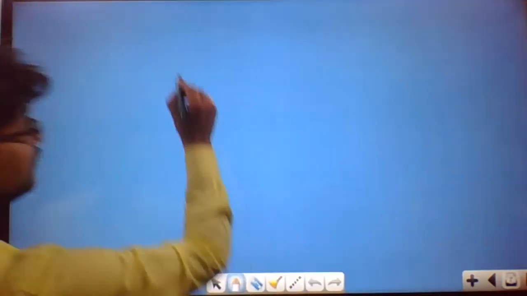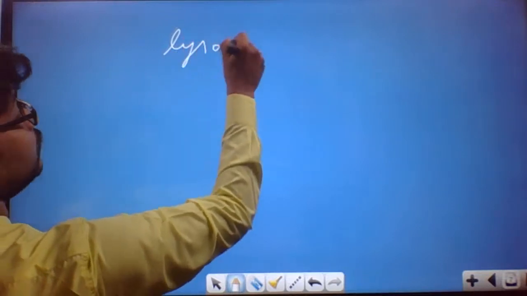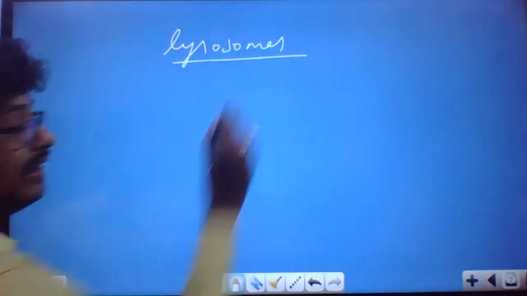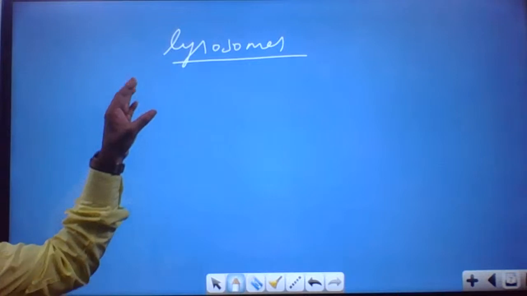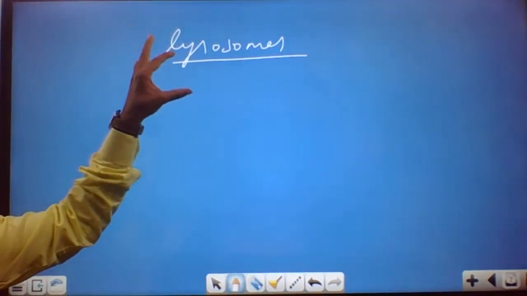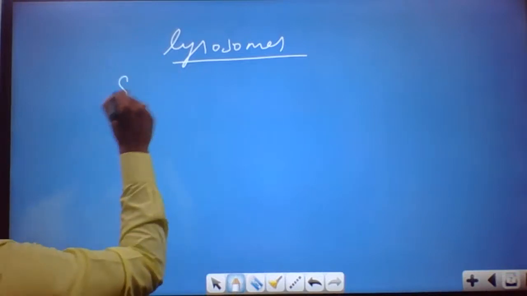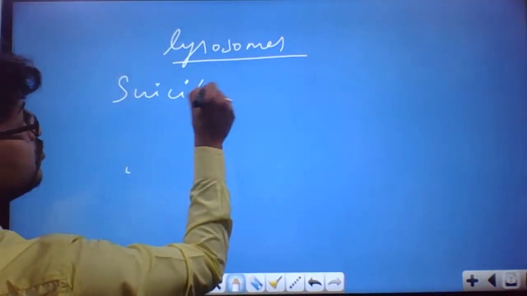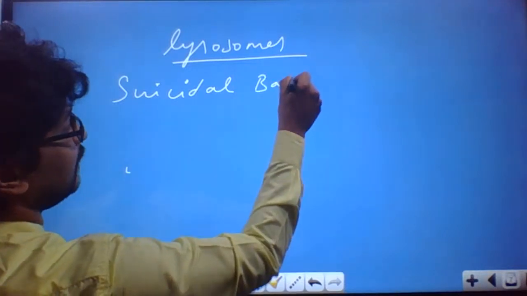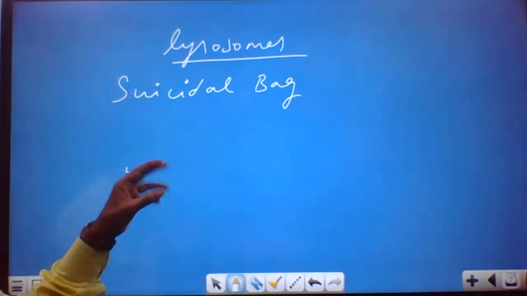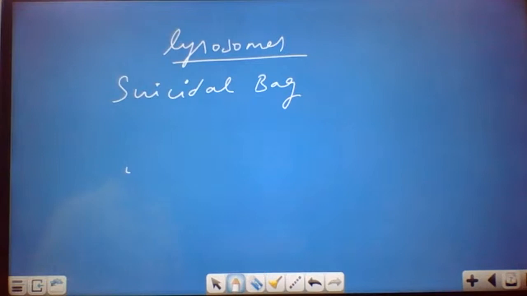The next part is lysosomes. The vesicle-like structure produced out of the Golgi apparatus, we call it a lysosome. I already told you, this is called a suicidal bag. Lysosomes are otherwise called the suicidal bag of a cell. This is otherwise called the garbage disposal system.